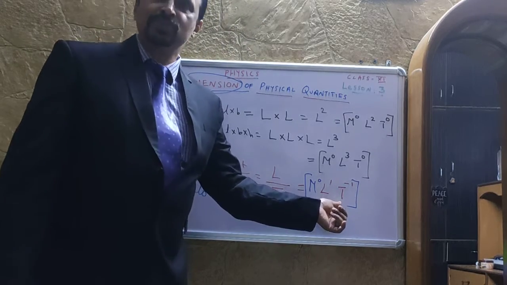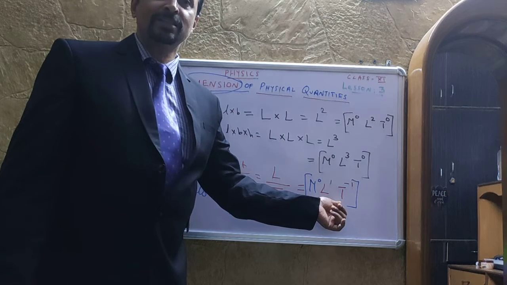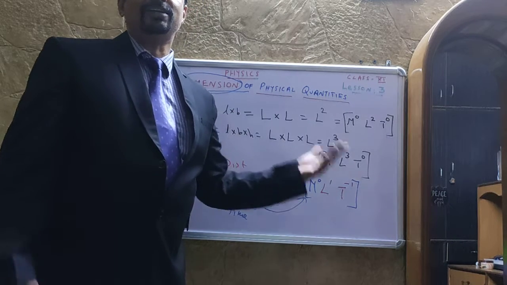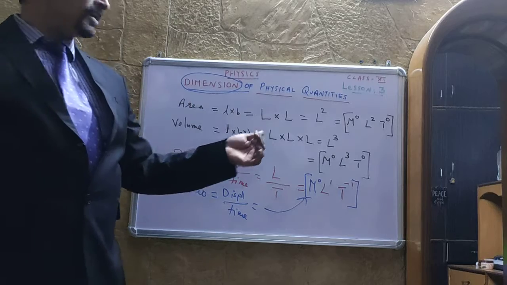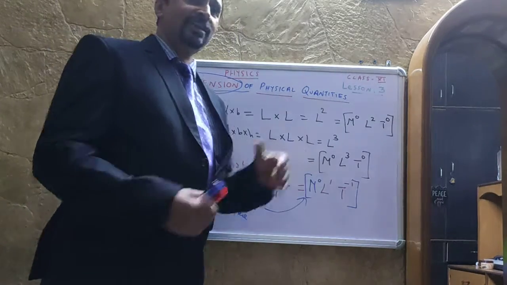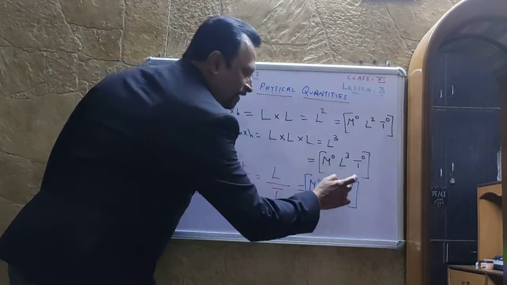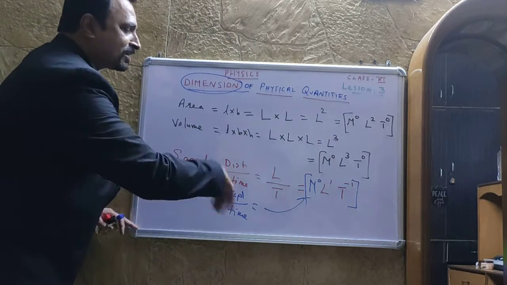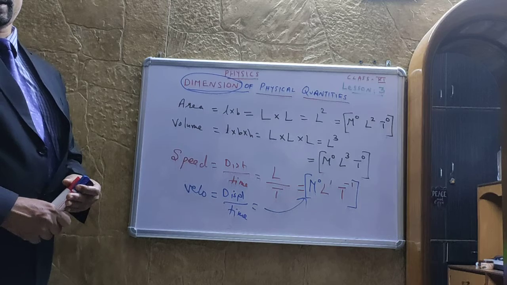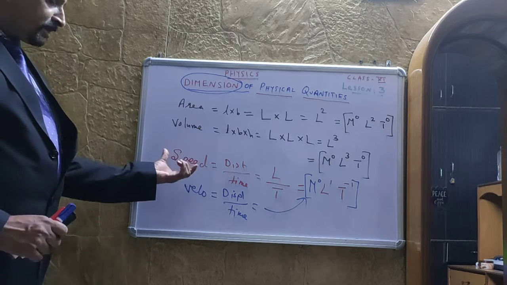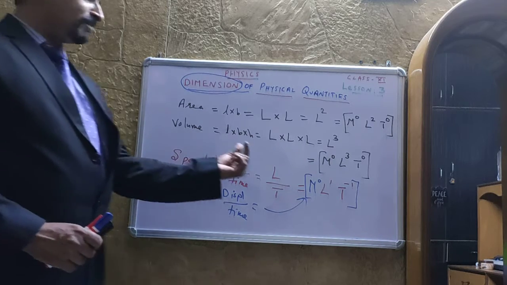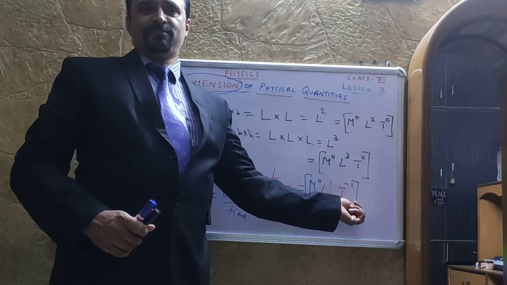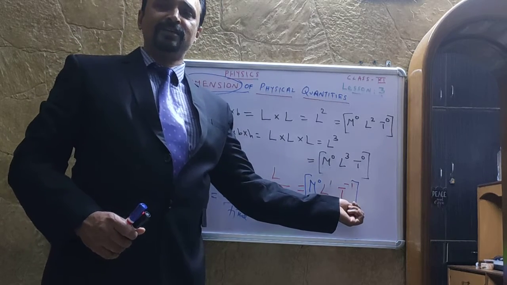So what is the meaning of dimension? Dimension means the power of what? Power of fundamental quantities. See, the powers of the fundamental quantities when a derived quantity is expressed in terms of fundamental quantities. Once again you see, we are expressing speed in terms of fundamental quantities. Fundamental quantities are mass, length and time.